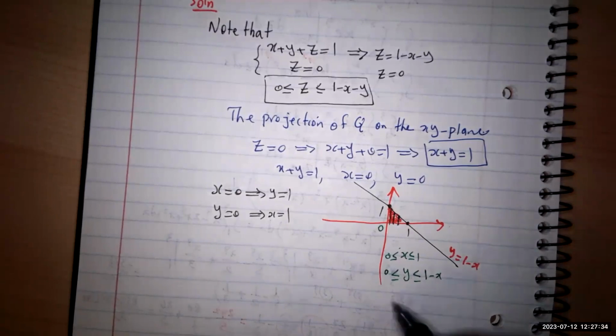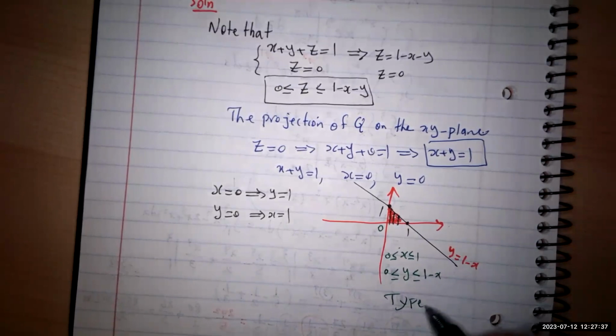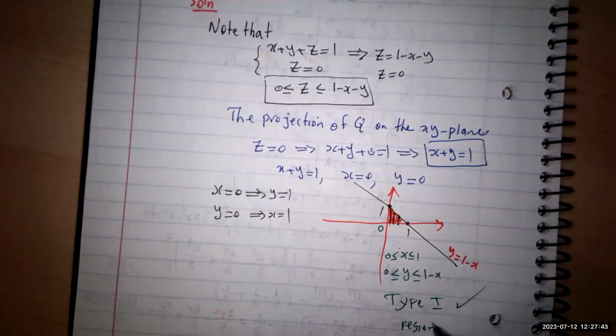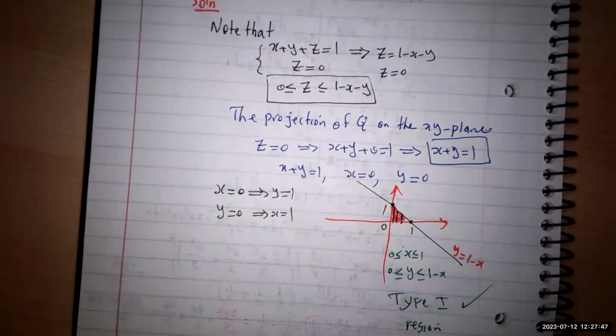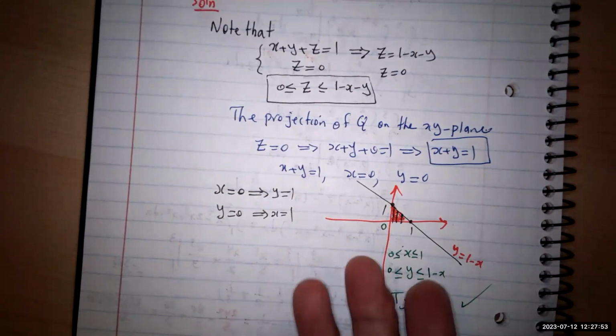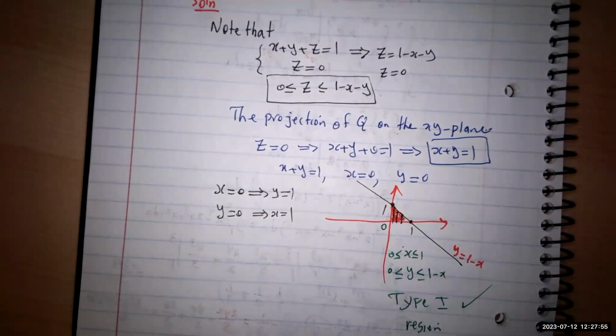So the region that you're going to pick for the double integral is going to be type 1. This is the way you are going to handle the type 2 information that is given. This part is like the double integral that you did before. If you forget about the first part, it's similar to the tetrahedron that we did before.